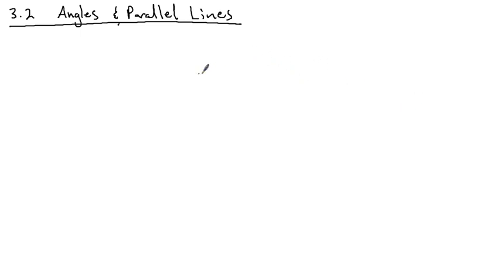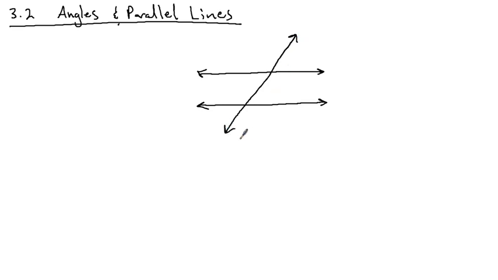So let's draw our two lines, but this time we want to make those lines parallel, or try to draw it so that they look parallel. And we're going to have a transversal that goes between them. And you notice my transversal today is going a different direction than yesterday. That doesn't matter.